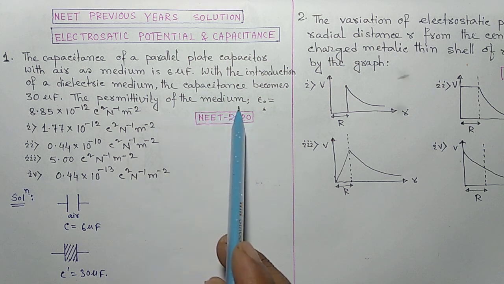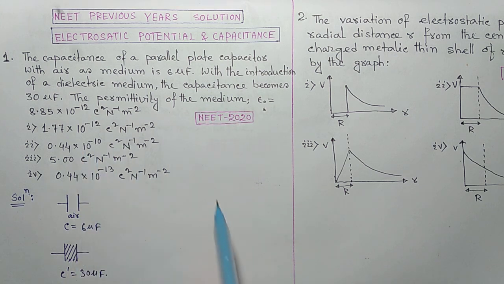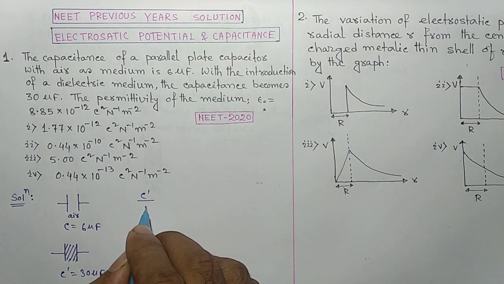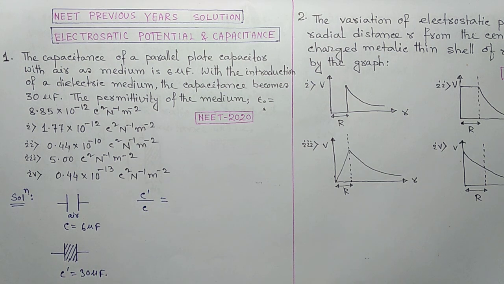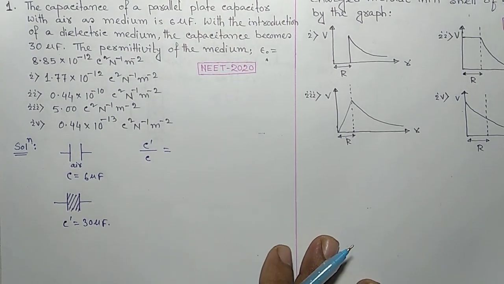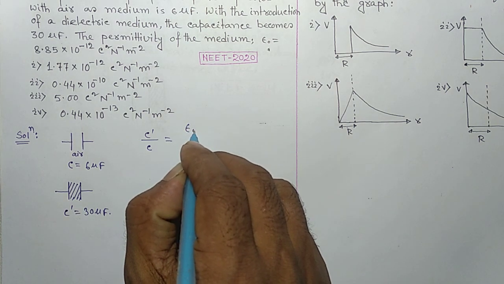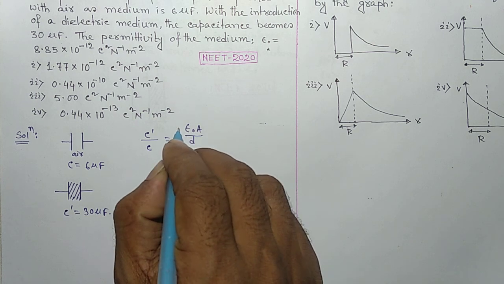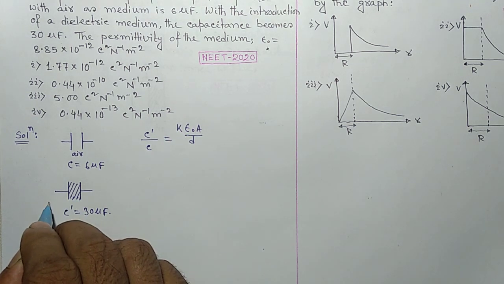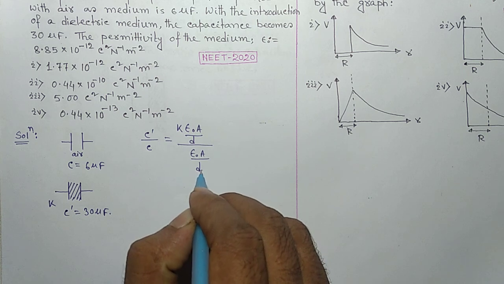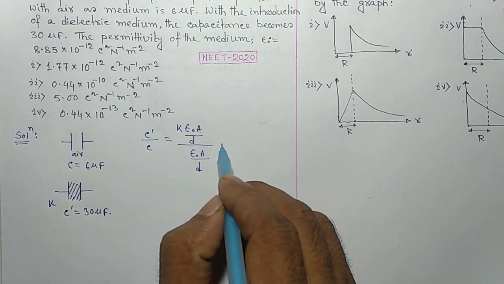C dash by C: the formula for C dash is epsilon naught A by D times K, the dielectric constant of the medium, divided by epsilon naught A divided by D when it is in air. So it is equal to K.